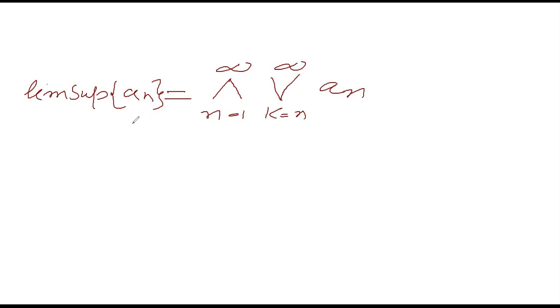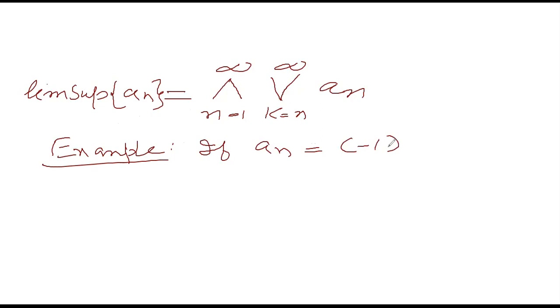Let's see this example. If a_n is equal to (-1)^n, then the limit superior of a_n is equal to 1.